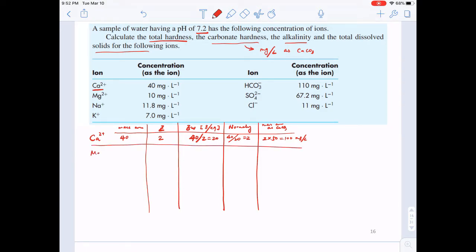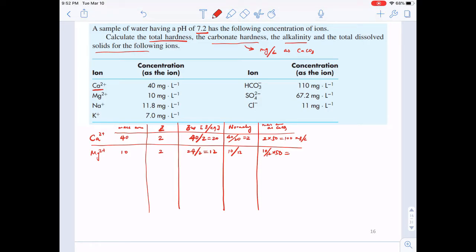So this is calcium. And then we need to calculate the magnesium. This is 10, Z is 2 here, right? And then 24 divided by 2, which is 12. So the normality will be equal to 10 divided by 12, right? And further, we can calculate 10 divided by 12 multiplied by 50.